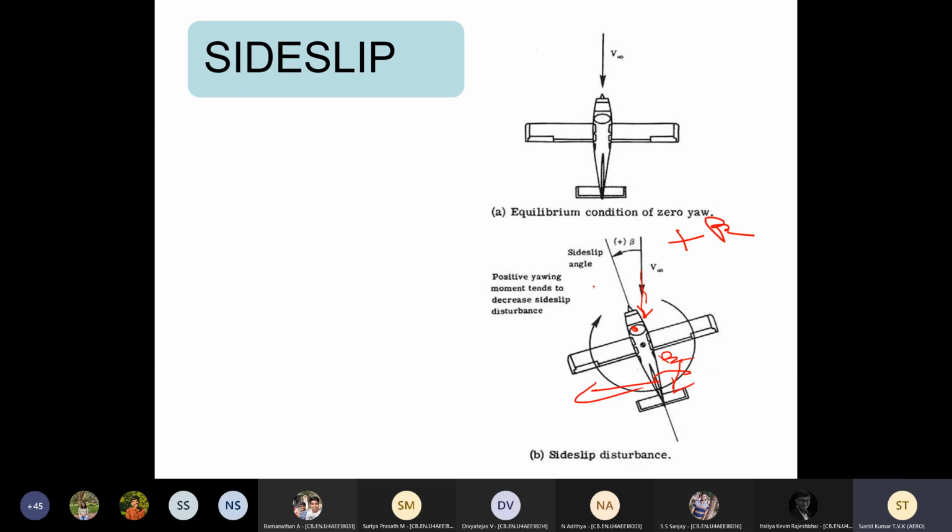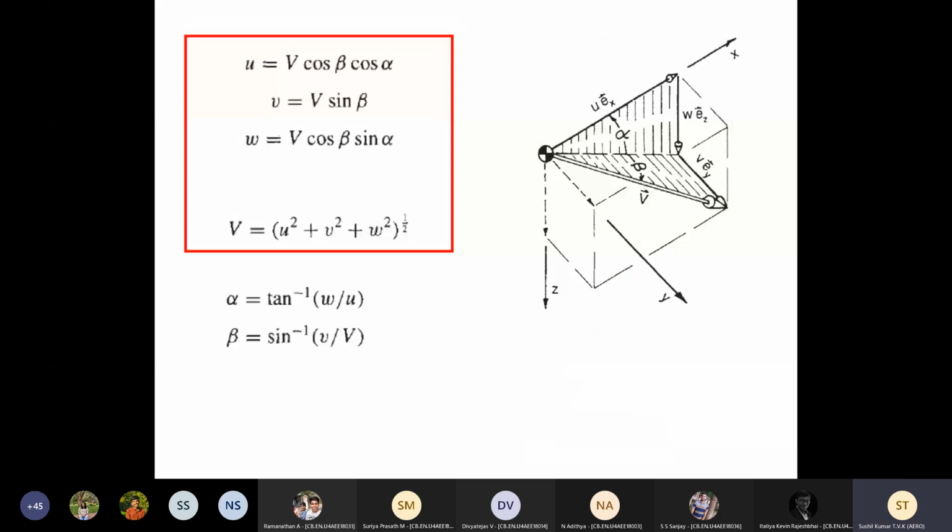That is, the aircraft nose tries to align with the relative velocity. Again, I've taken this from some other book. It gives a good feel of all these angles.